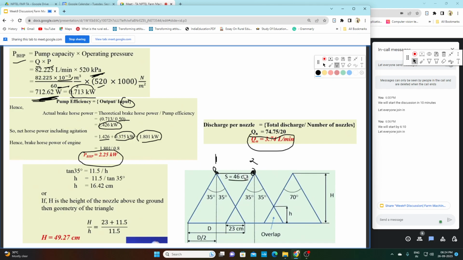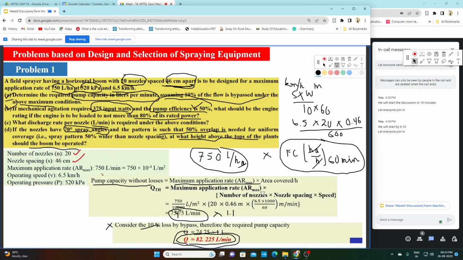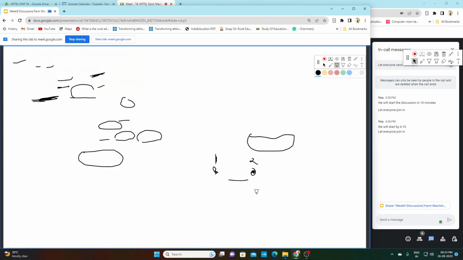When the nozzles are close to each other, there will be some overlapping of the spray. Most nozzles give a triangular spray pattern, so this nozzle gives a triangular pattern and this one does too.